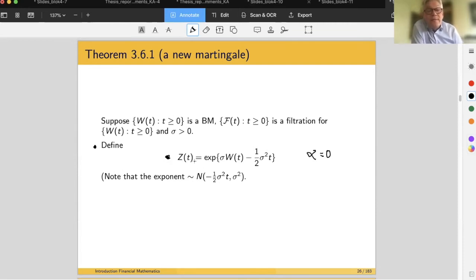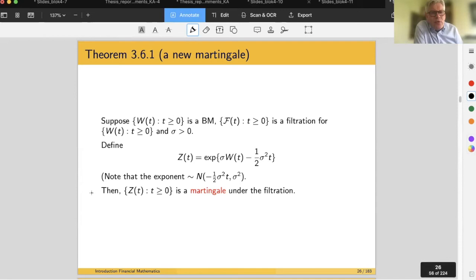If we look at the exponent, we see the same as before, but now with alpha equal to 0, the exponent is normally distributed with mean minus 1/2 sigma squared times t, and with variance sigma squared times t.